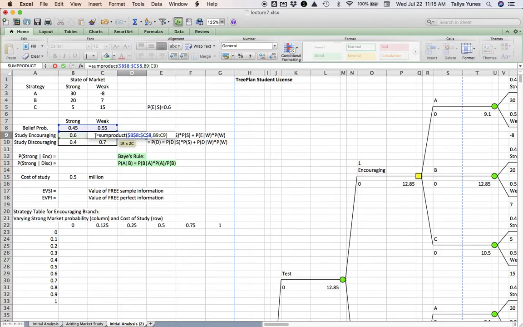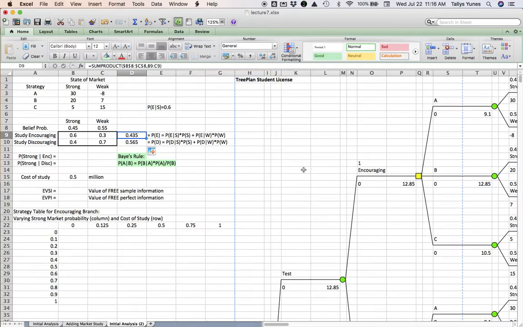And the reason I anchor that is because the probability of discouraging, PD, is going to be the same: PS, PW, but now multiplied by the probability of discouraging given strong, the 0.4 and the 0.7, right? And of course, the second one is 1 minus the first, which you could also have done, right?